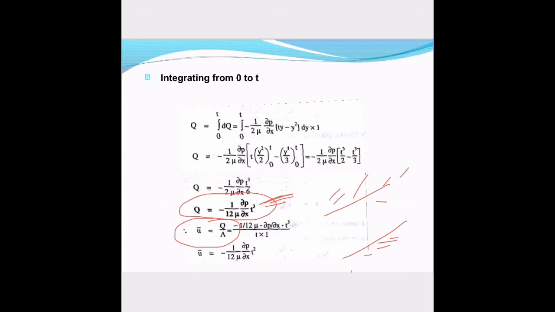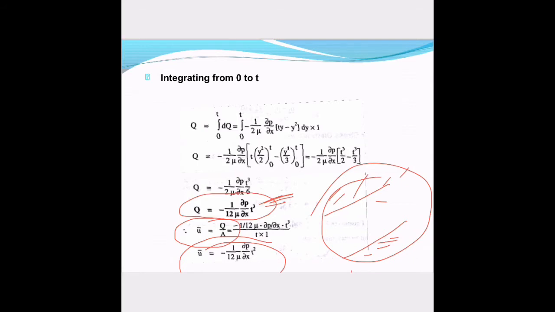After that, we already know discharge is given by A V. So U bar, that is the average velocity, will be Q divided by area, the discharge of the fluid to the area of the plates.